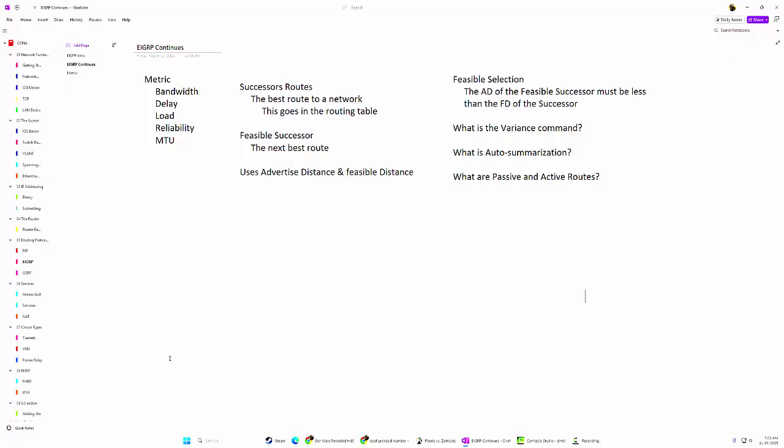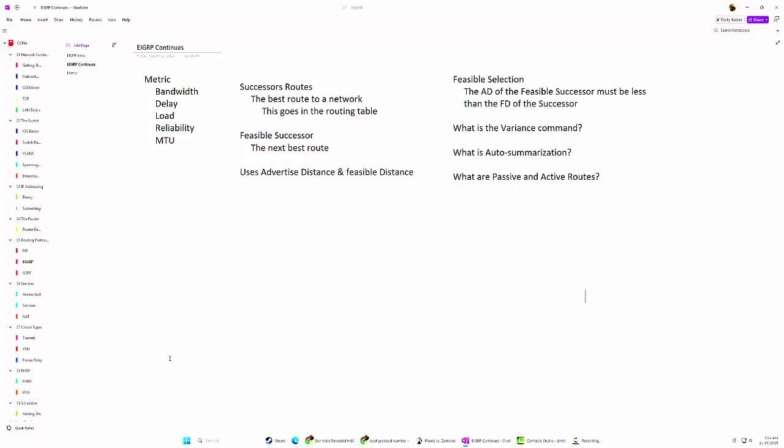You take that advertised distance and add it to the metric that you have from your router, and you come up with a feasible distance. Not the same as feasible successor. So your feasible selection: the administrative distance of the feasible successor must be less than the feasible distance of the successor.